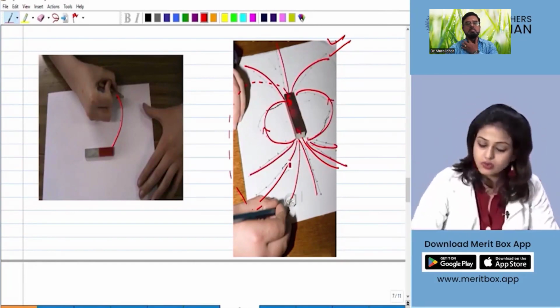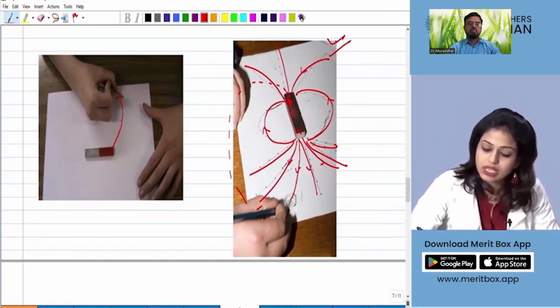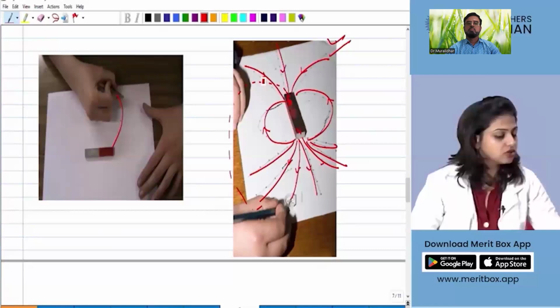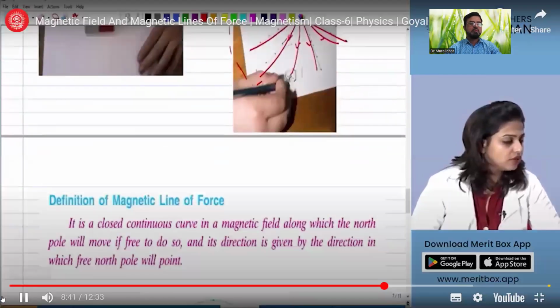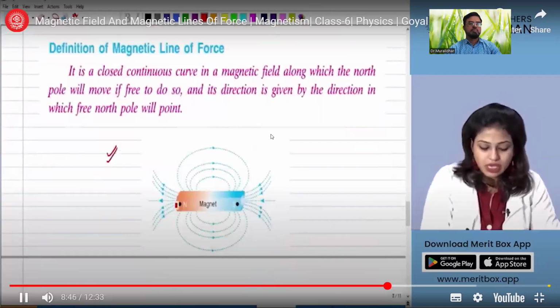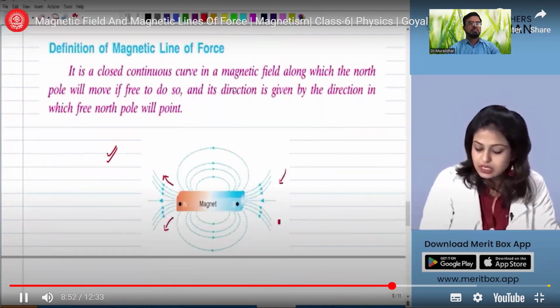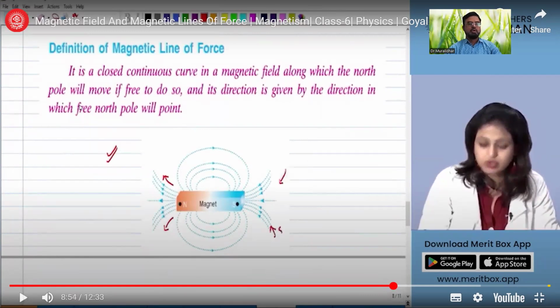Right, students? From the north pole, the lines are moving out, but in the south pole, the lines are moving in. So, the final image that you observe will be such an image. The magnetic lines are moving out of the north pole and moving inside the south pole. So, write down this also.